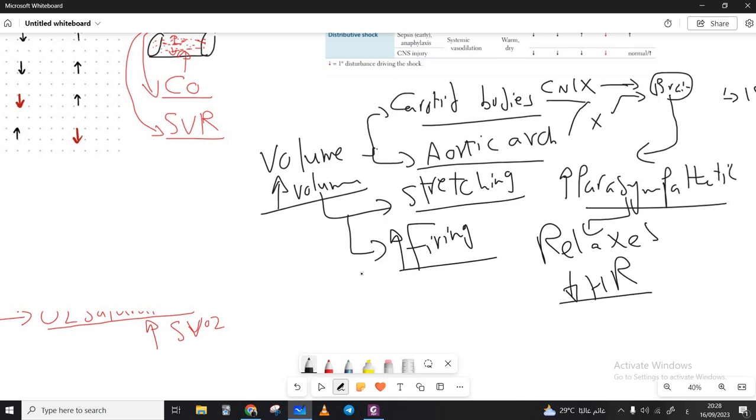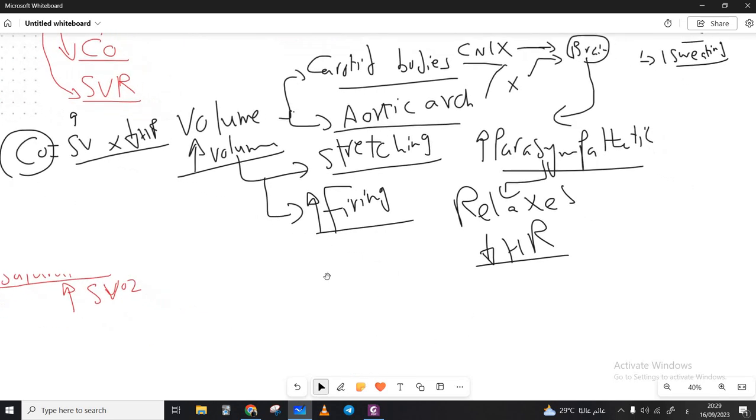So if you have more volume, in order to compensate, you have to activate the parasympathetic more to get a lower heart rate and be able to have normal blood pressure. Because if you remember, cardiac output equals stroke volume, which is mainly affected by volume. So if you have more volume, we need the low heart rate to have normal cardiac output. Right?